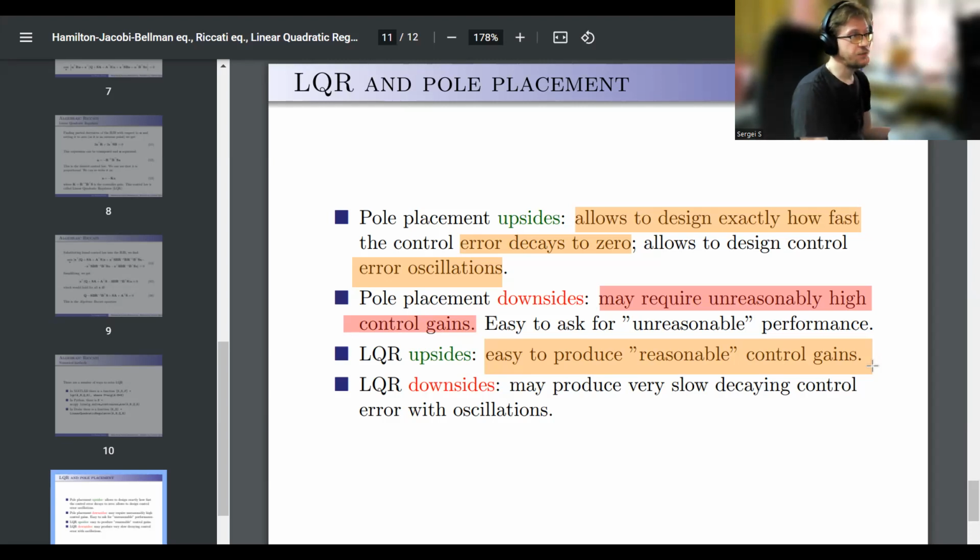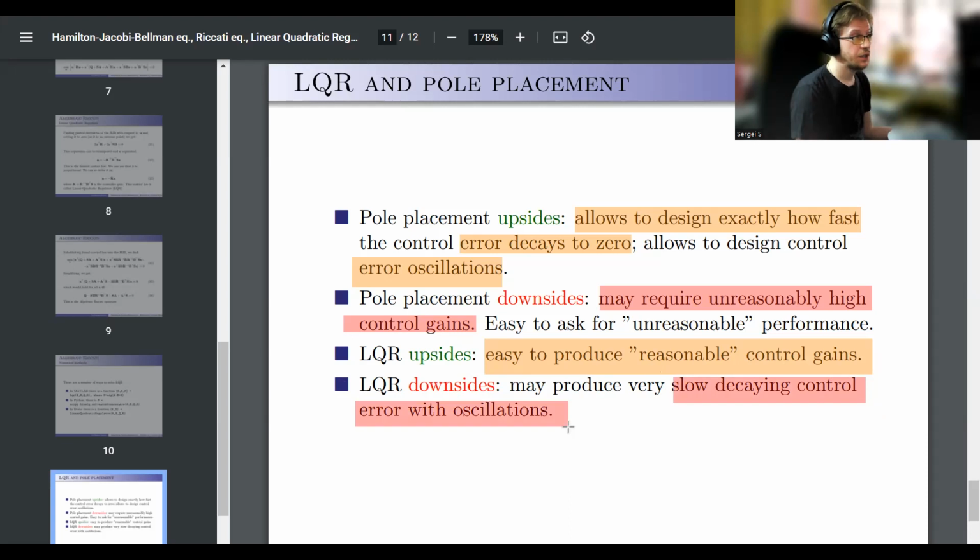And often enough, the performance that we really care about comes in the form of eigenvalues, not cost. So in fact, pole placement somehow deals more directly with what we care about, the eigenvalues. And LQR steps away and deals with the cost, which we don't really care about so much. So that is a downside. For example, it can easily produce slowly decaying control error with oscillations.